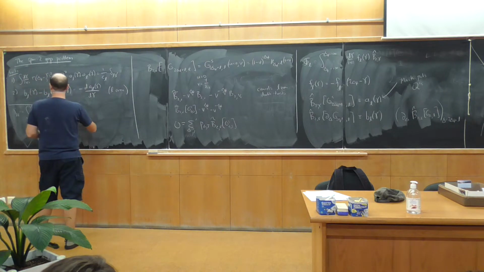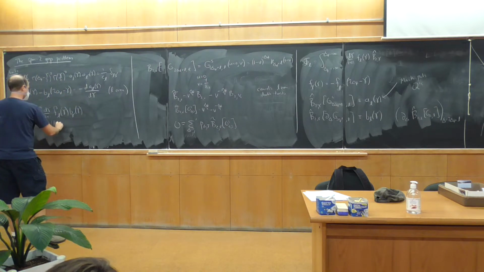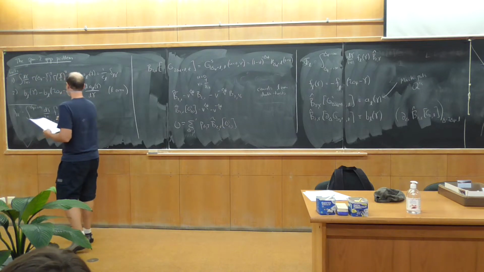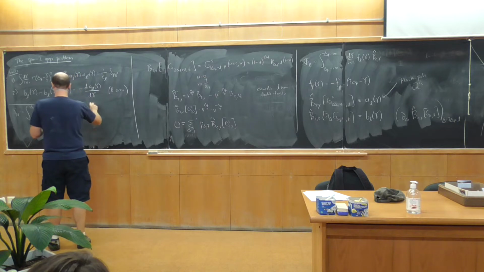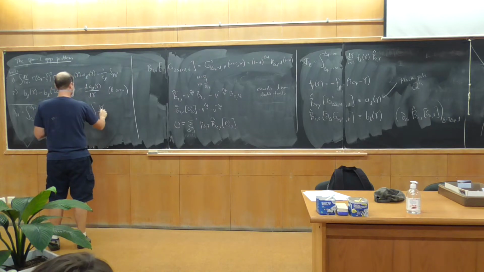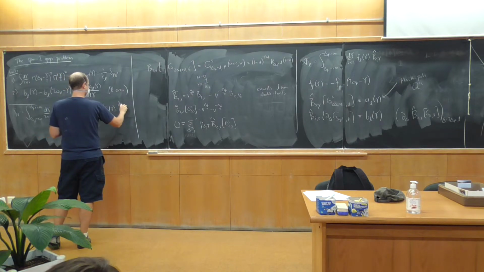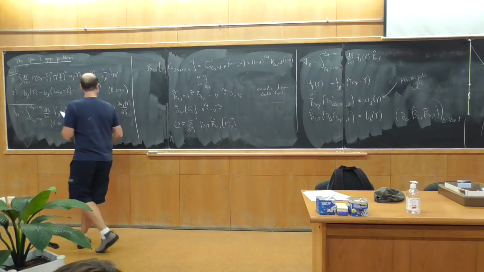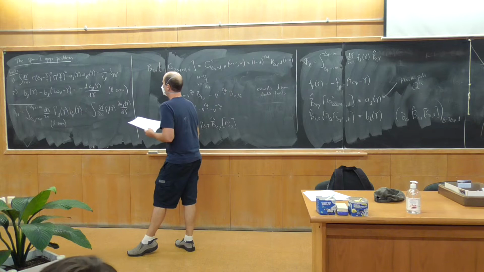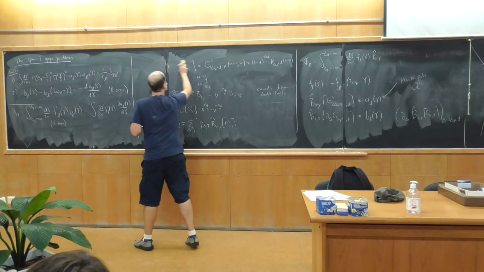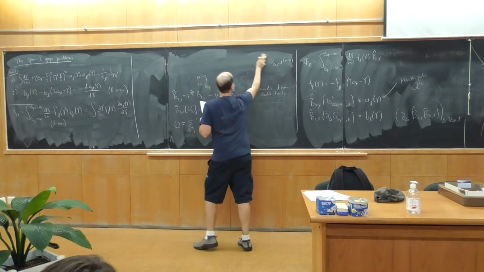And now, this has to be true for L even. So we can plug in this formula and use the antisymmetry property of F to rewrite this in a different way. This is just the integral d gamma f sub L of gamma d A sub L prime of gamma over d gamma. So from here, the solution to this condition is almost immediate.